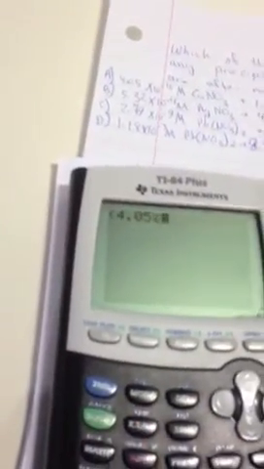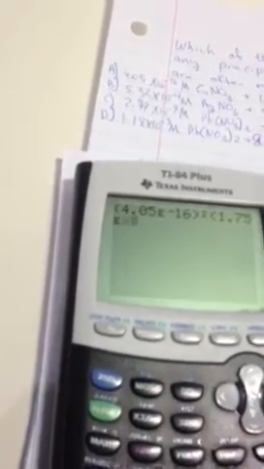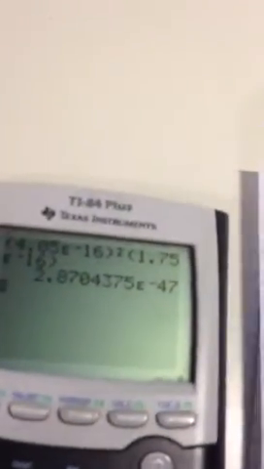If we plug that into a calculator, the answer is Q equals 2.87 times 10 to the negative 47.